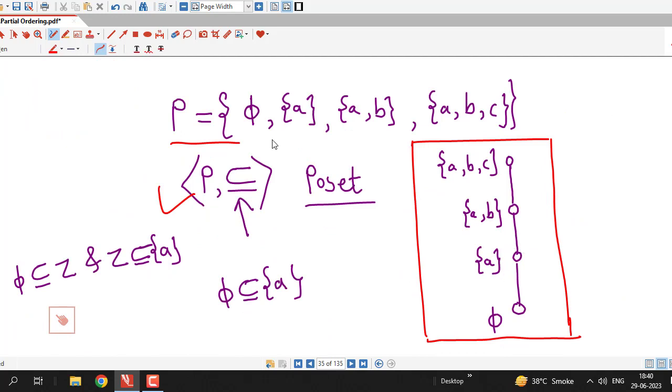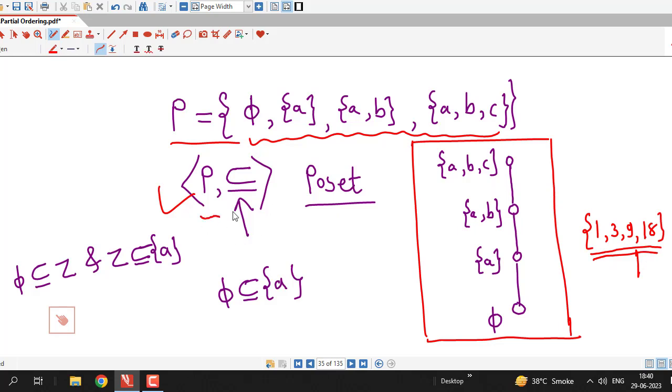The only difference is the elements are different. Here the elements of the partially ordered set are sets, and in the earlier case we have these positive integers 1, 3, 9 and 18, and there we have divides relation, here we have inclusion relation. So this is a very important thing, and why this happens, that we will discuss in upcoming lectures.